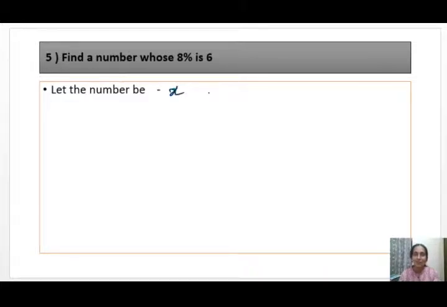Now you have to find the number whose 8%. 8% of this x. 8% means it is 8 by 100 of x. I will not write the multiplication sign because it confuses with x. 8% of x, 8 by 100 of x, is 6.